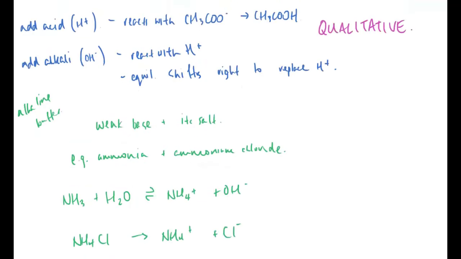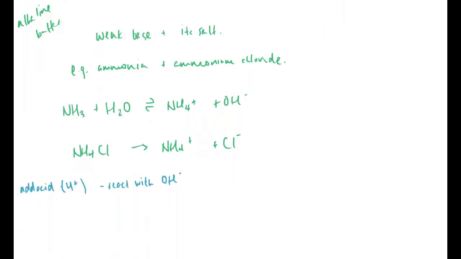It's involving the equilibrium. So it reacts with the OH-, which you might think, oh no, OH- going down, therefore that's going to affect the overall pH. Well, yes, but no, because of the equilibrium. So the equilibrium shifts right to replace OH minus.